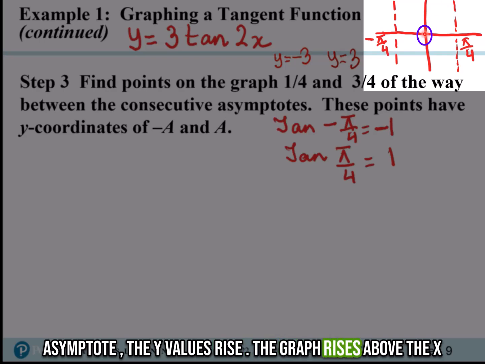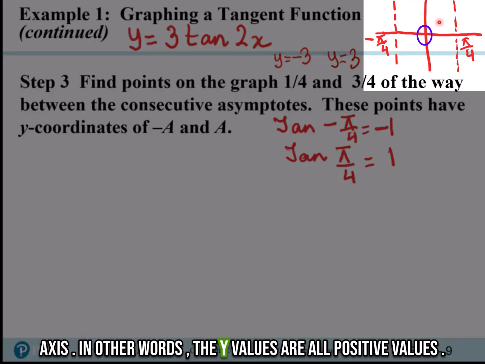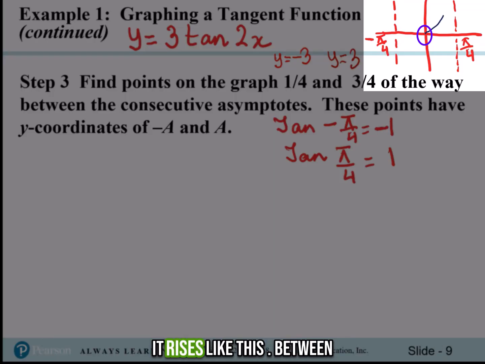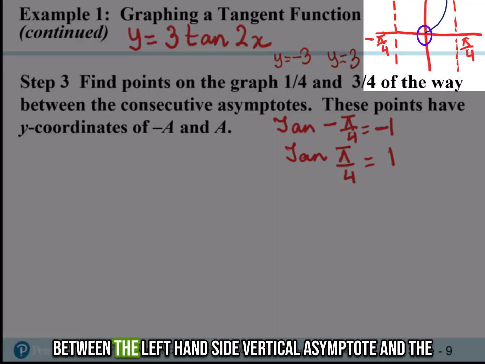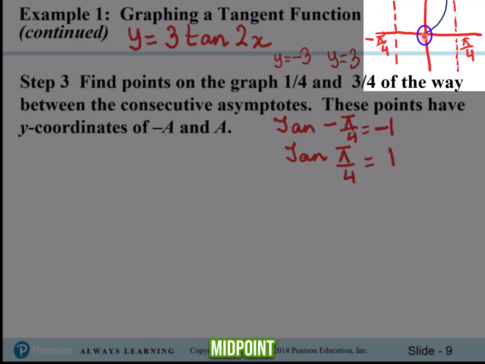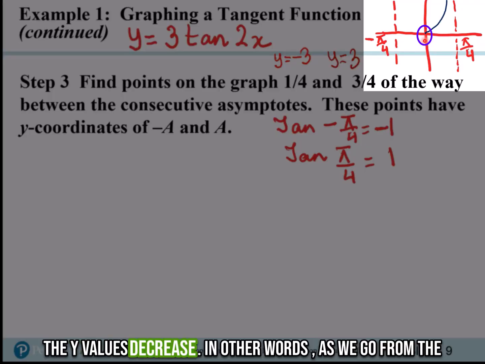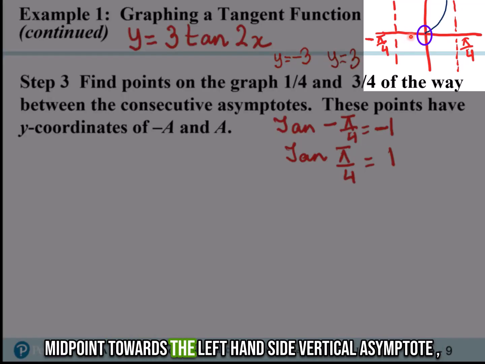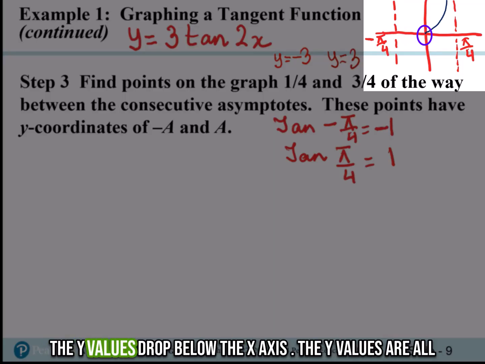The graph rises above the x-axis. In other words, the y values are all positive values. It rises like this. Between the left-hand side vertical asymptote and the midpoint, the y values decrease. In other words, as we go from the midpoint towards the left-hand side vertical asymptote, the y values drop below the x-axis. The y values are all negative.